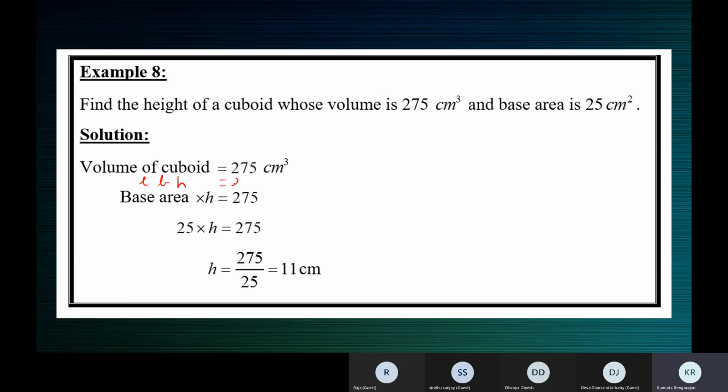Base area is given 25. So 25 into H is 275. H is 275 by 25, which is 11 centimeters. So the height of the cuboid is 11 centimeters. Completed, ma'am. All right.